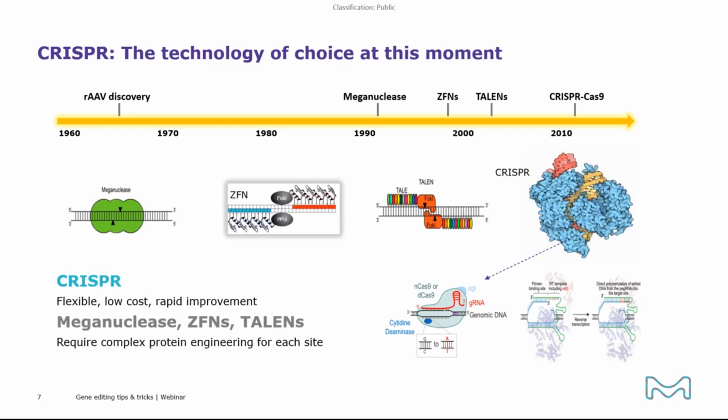But generally speaking, CRISPR is currently the dominant editing technology, simply due to its intuitiveness in target design, its flexibility, and its rapid improvement in many aspects. In contrast, meganuclease, ZFN, and TALEN all require complex protein engineering for each target site, and their improvement is much slower compared to CRISPR.